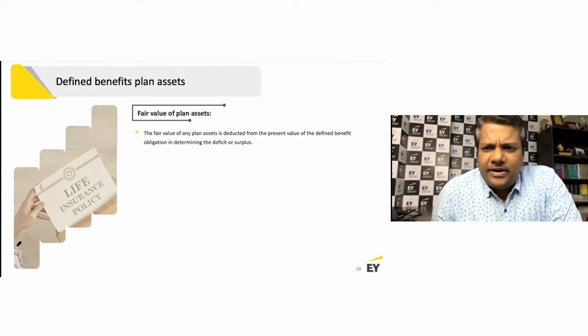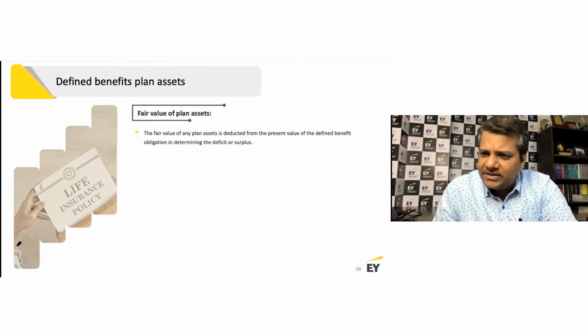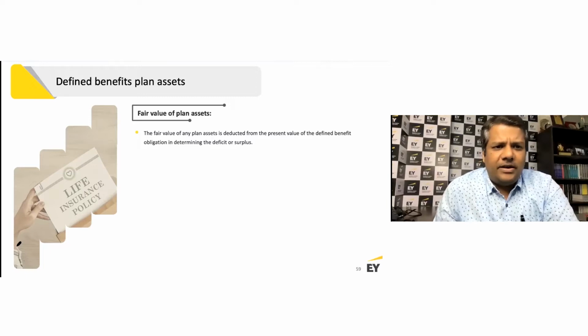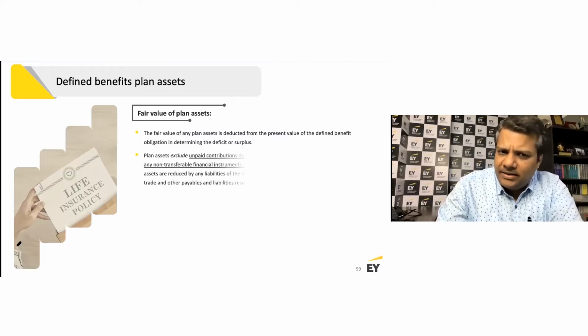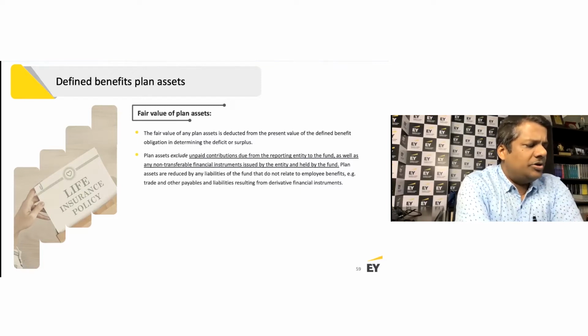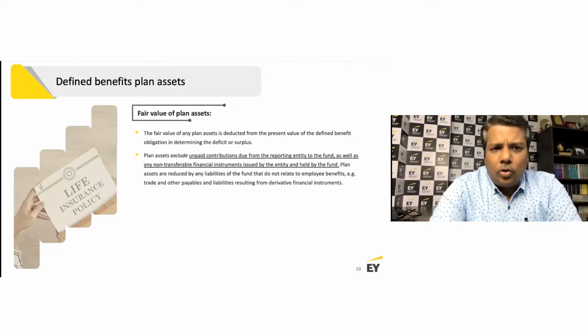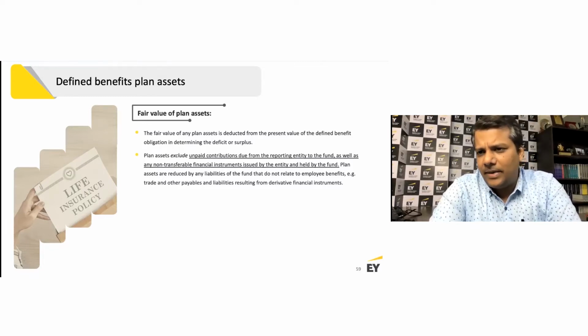So when we look at the fair value of plan assets, the fair value of any plan asset is deducted from the present value of my defined benefit obligation in determining the deficit or surplus. It excludes the unpaid contribution due from the reporting entity to the fund, as well as any non-transferable financial instrument issued by the entity and held by the fund.